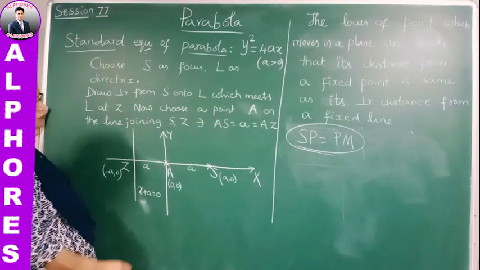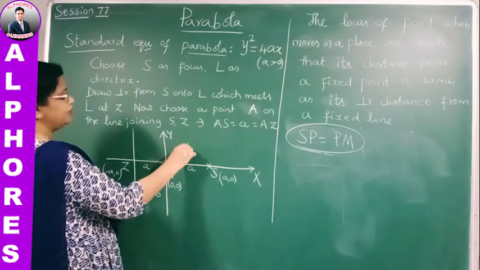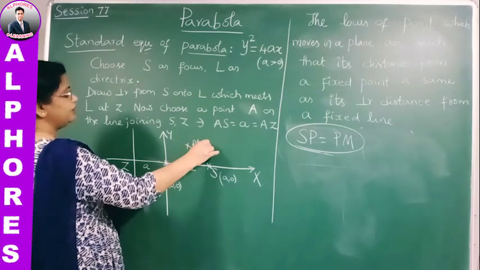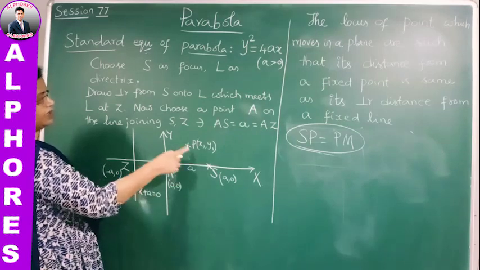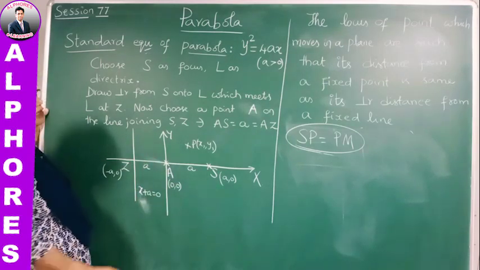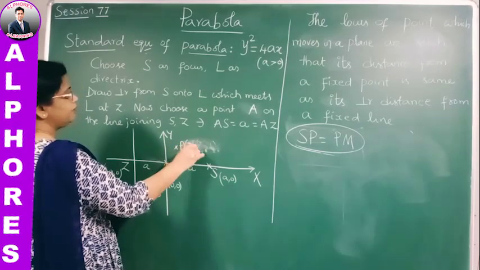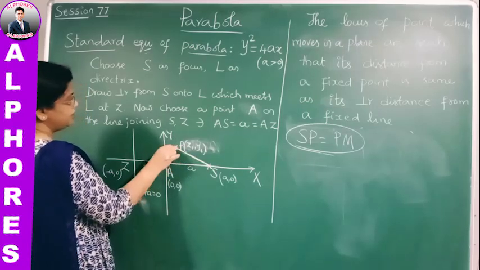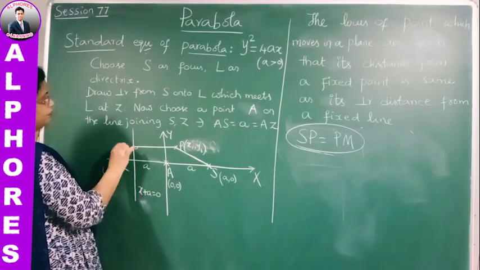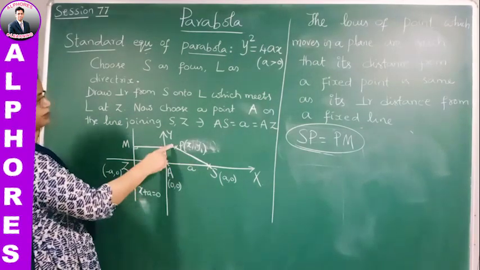Now after this description, let me take any point P, a locus point, suppose (x1, y1). But I have to choose this point such that SP is the same as PM. That means if I take the point P(x1, y1), then SP, the distance from S to P, must be the same as the perpendicular distance from P onto the directrix. So SP equals PM.